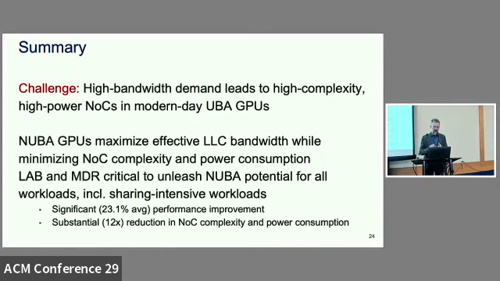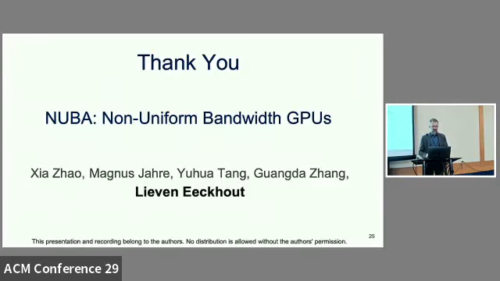It is really critical for NUBA to involve the compiler and the runtime system to achieve significant performance improvements and reductions in NOC power. With that, thank you, and happy to take questions.